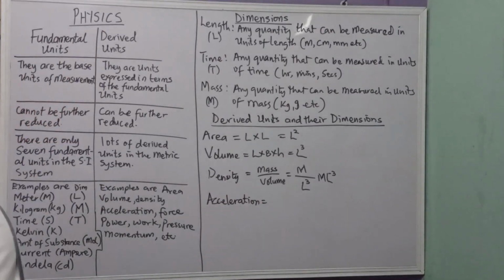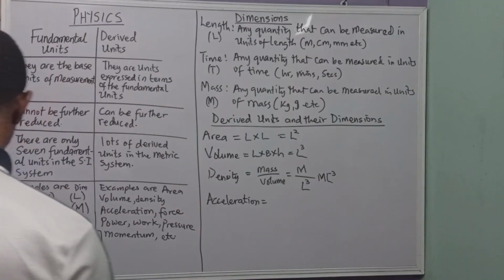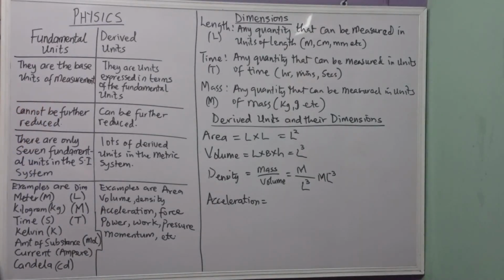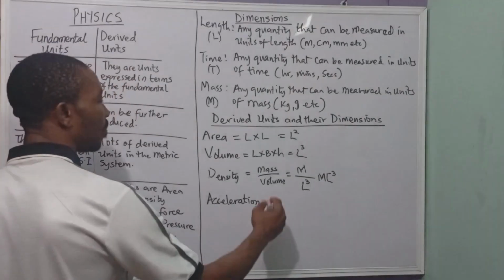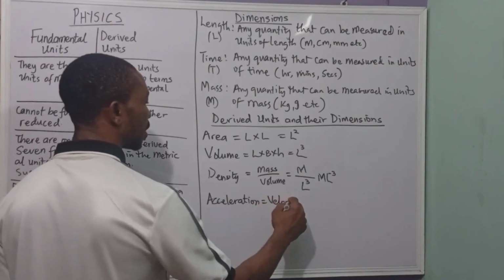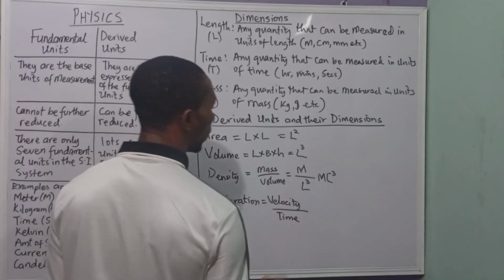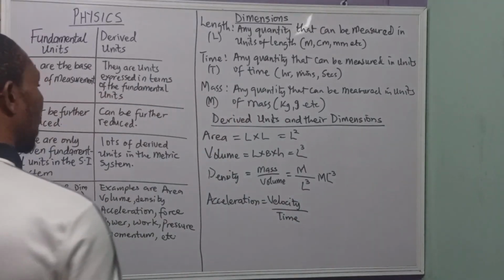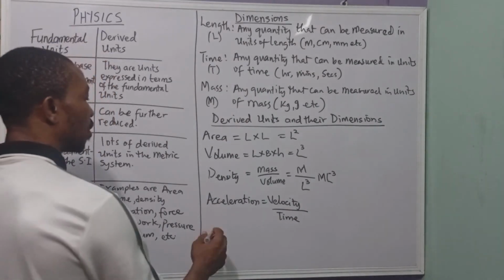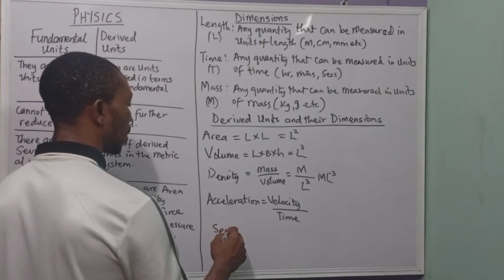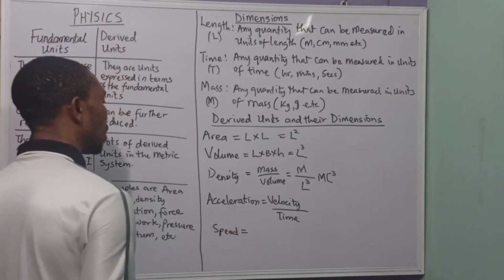Now, what is acceleration? Acceleration is velocity over time. Now we know that velocity is speed. So if we look at speed, speed is what?